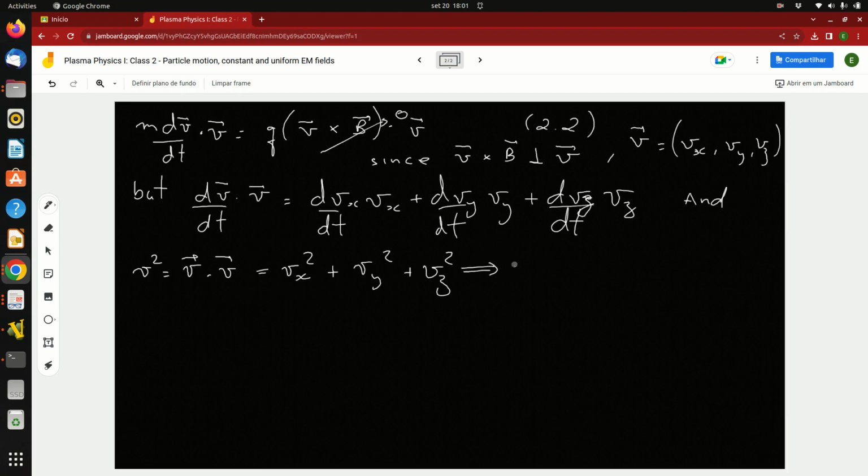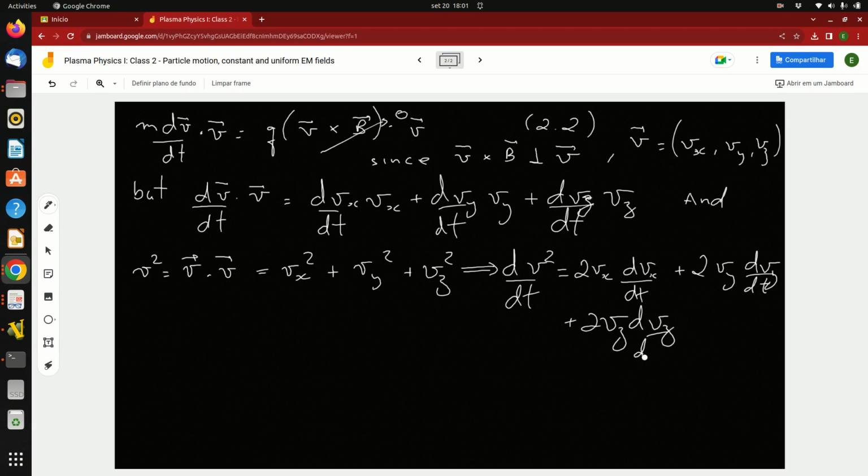If you differentiate v squared with respect to t, what do you get? You get 2 times this times the derivative of this with t, so it's 2 vx dvx/dt plus 2 vy dvy/dt plus 2 vz dvz/dt.